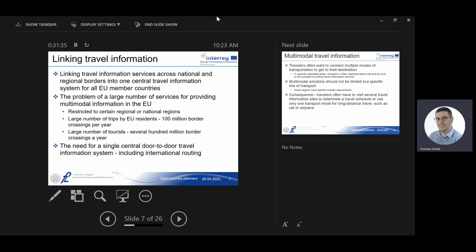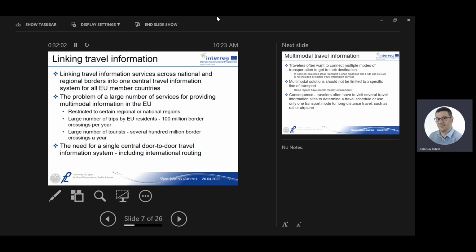Some of them are restricted to certain regional or national areas. There are also a very, very large number of trips done by EU residents, more than 100 million border crossings per year, just for the EU. And an even bigger problem is the large number of tourists, which I don't know for which year that was.